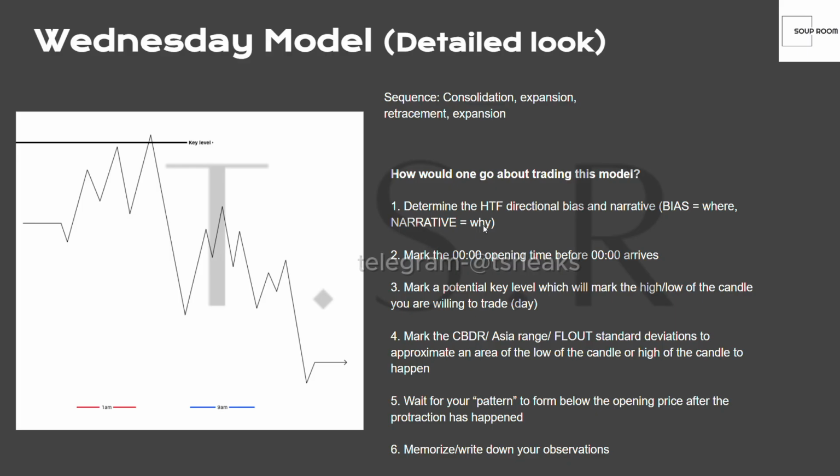Step 2, mark the midnight opening time before midnight arrives. So the daily open on Forex is 5 p.m., 17 o'clock on a 24-hour time. However, you must mark the midnight opening time, not the 5 p.m. open.